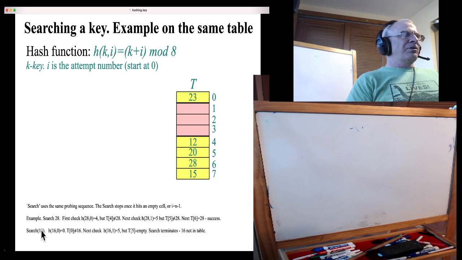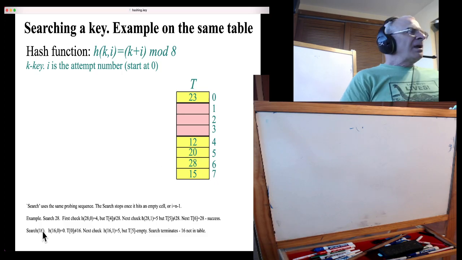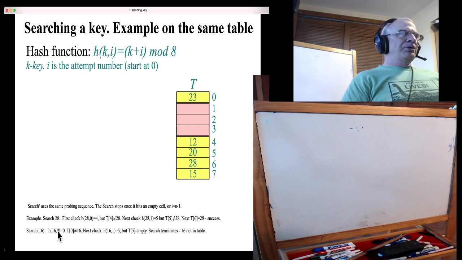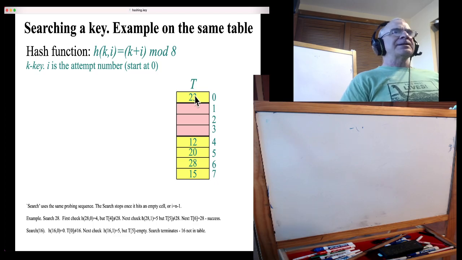Next, let's search for 16. Looking for where I would place 16. 16 modulo 8 is 0. So I'm checking the first place that 16 would have lived. Not there, it's 23, different than 16.